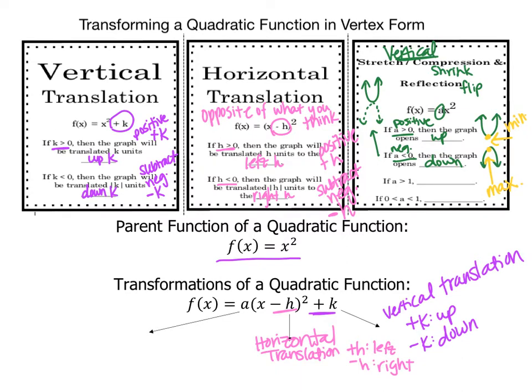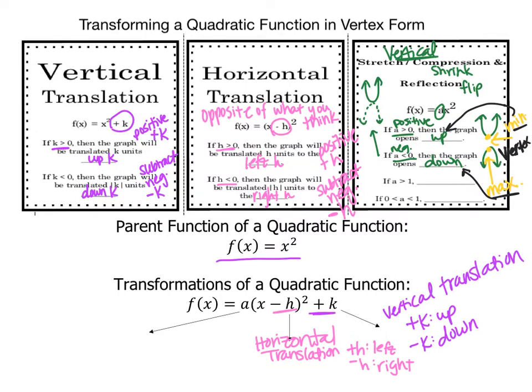So I'm looking at that vertex. Another way to talk about both of these is to talk about the vertex of the function. And at the vertex, we can talk about either a maximum or a minimum. A minimum occurs when I'm opening up. A maximum occurs when I'm opening down. So that reflection actually does a lot to our graph. There's lots of vocabulary going along with that reflection.